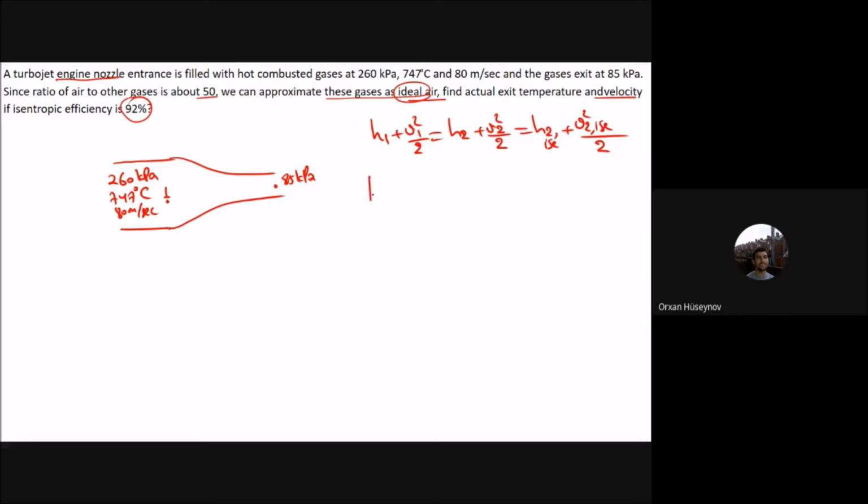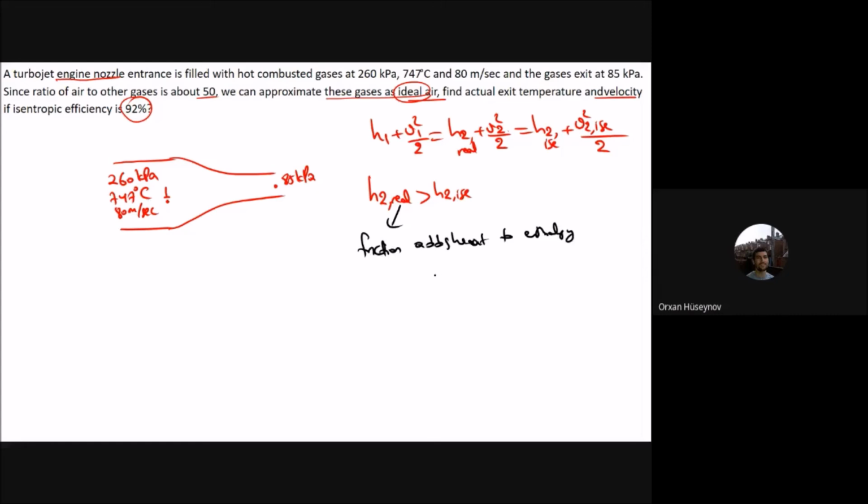H2 real is greater than H2 isentropic. The reason, if you remember from the lecture, is that the real one has friction. Therefore, friction adds heat to enthalpy.